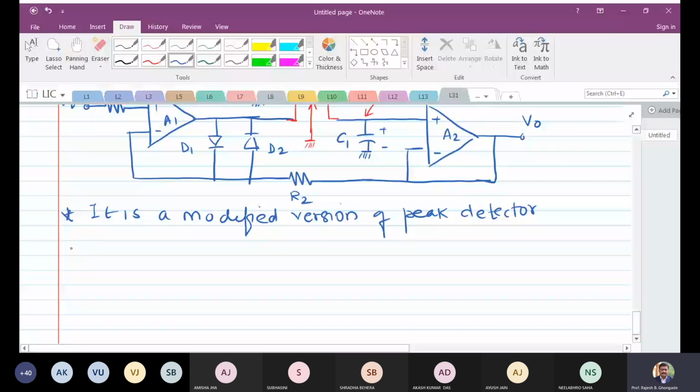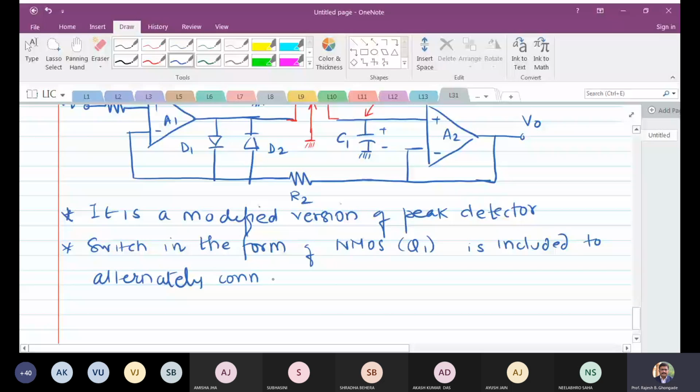A switch in the form of an NMOS device is included to alternately connect and disconnect C1 at the output of A1.